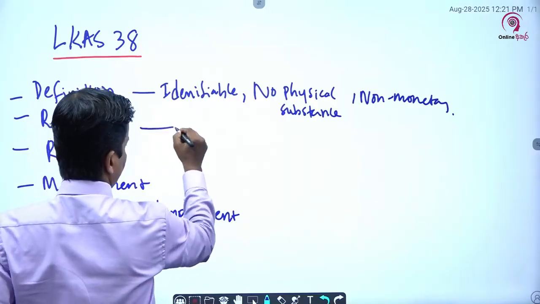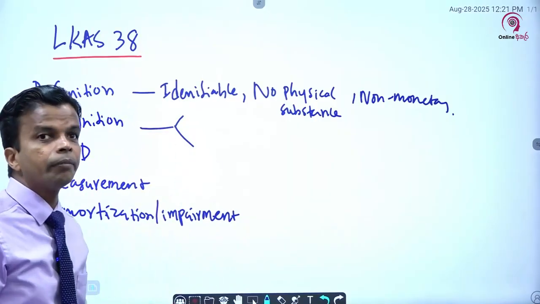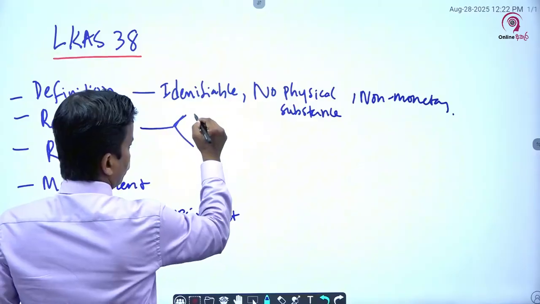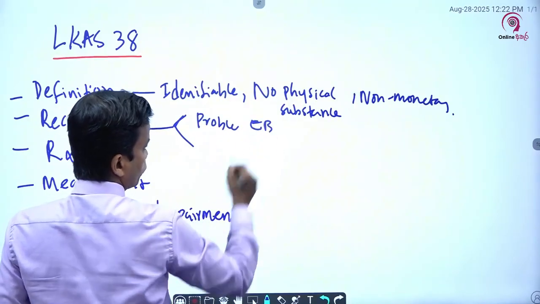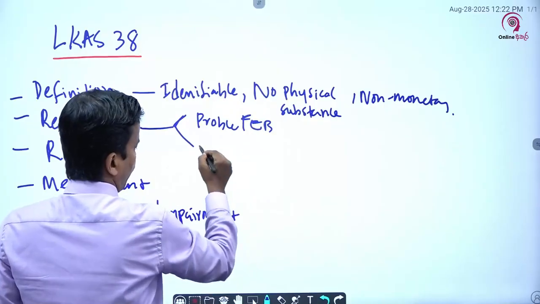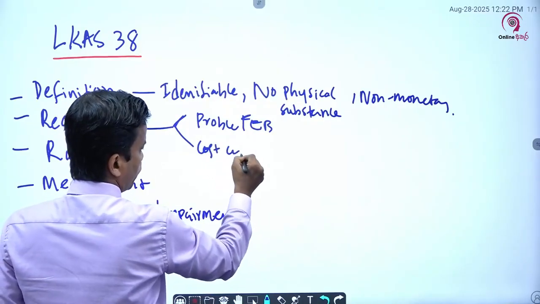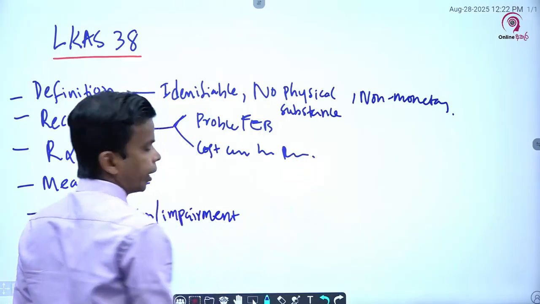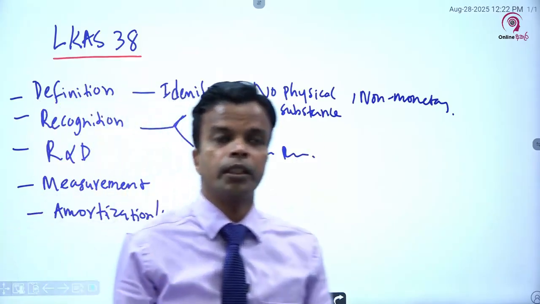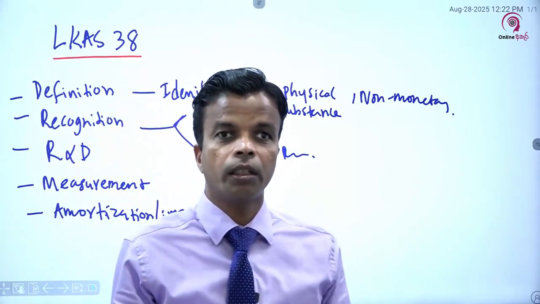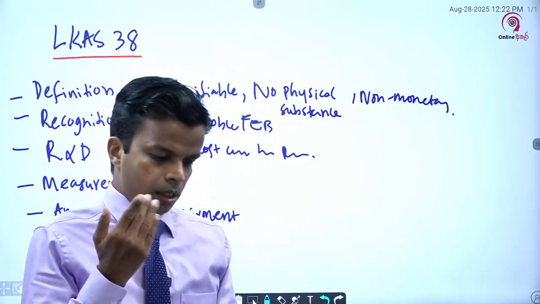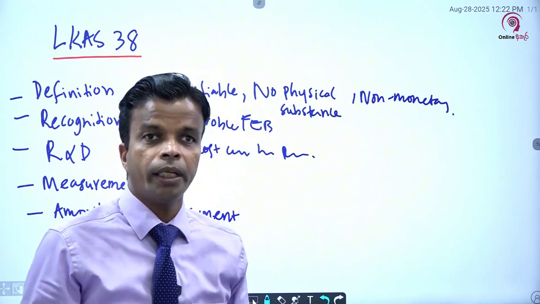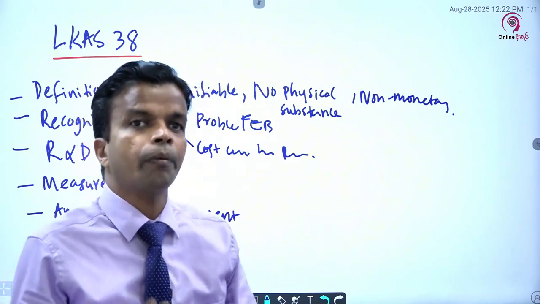Recognition criteria, like PP&E, the same thing applies. Probable future economic benefits, and cost can be measured reliably. Of course, you should have control over the asset and whatnot, but most importantly, two recognition criteria: cost can be measured reliably and future economic benefits should be probable.